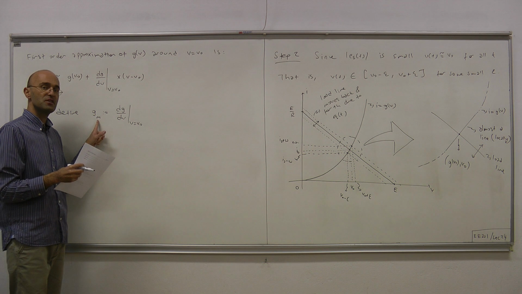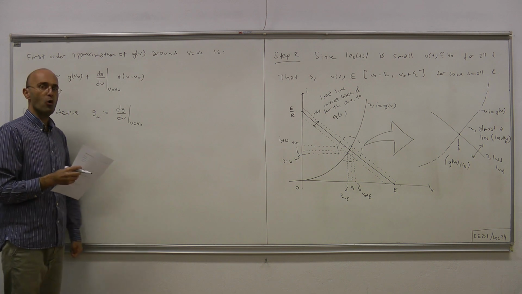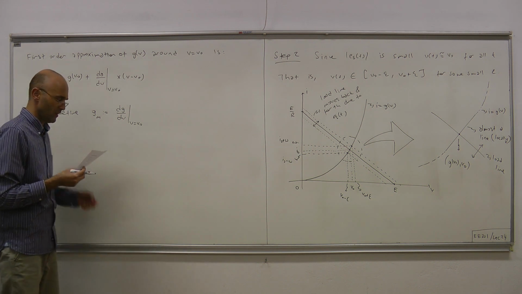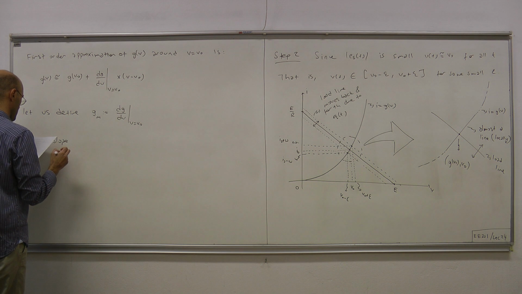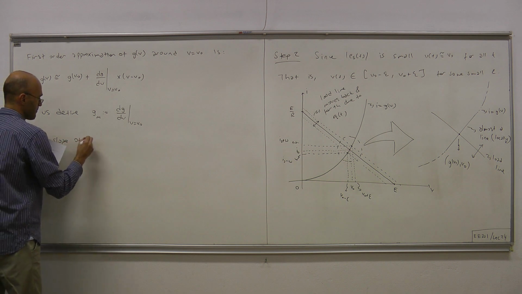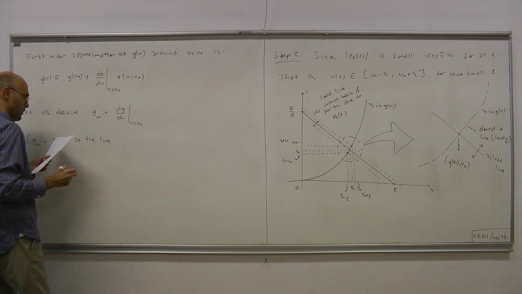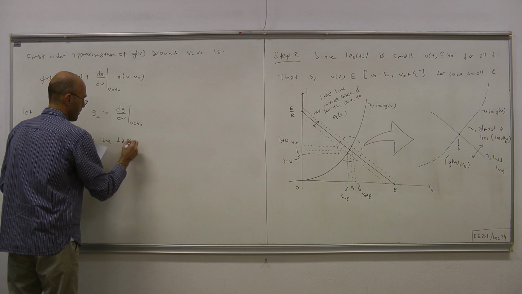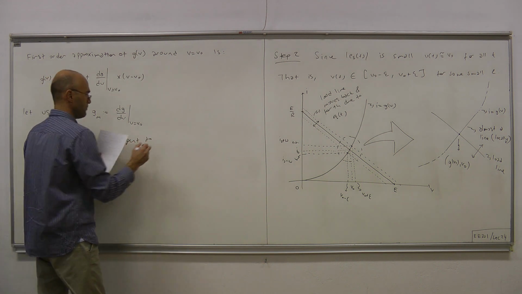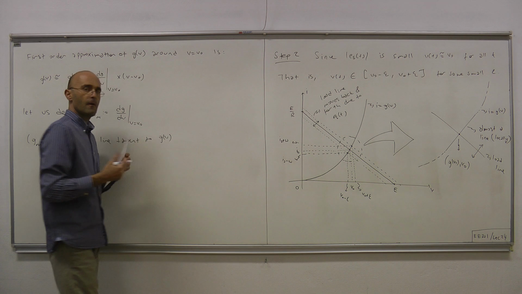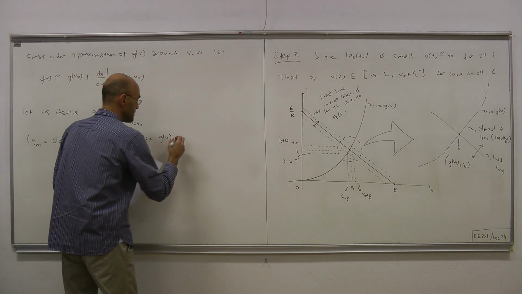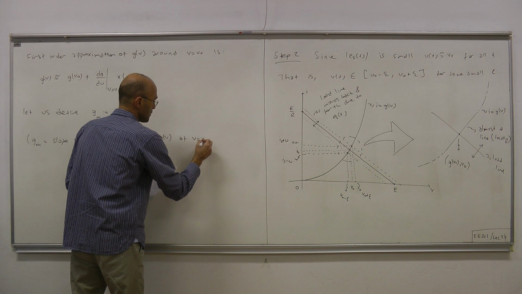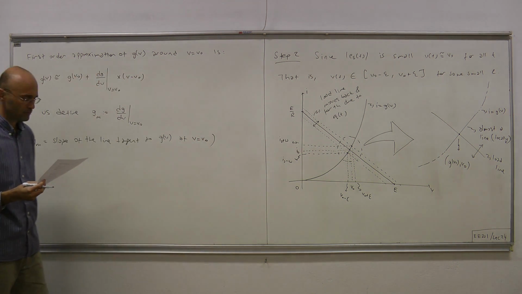Therefore, the unit for this constant is mhos, or 1 over ohm. So Gm is the slope of the line tangent to the I equals GV curve at V equals V0.